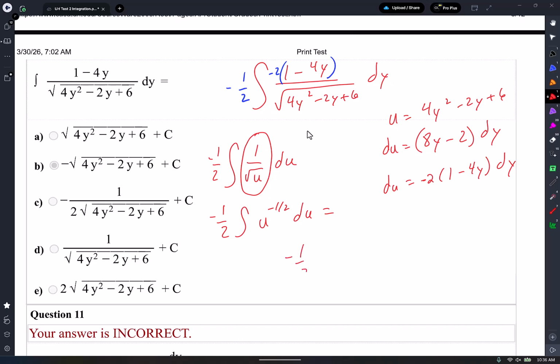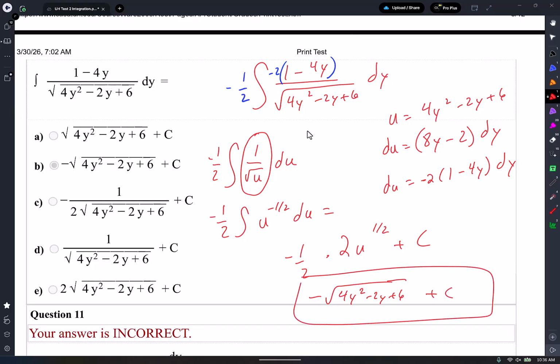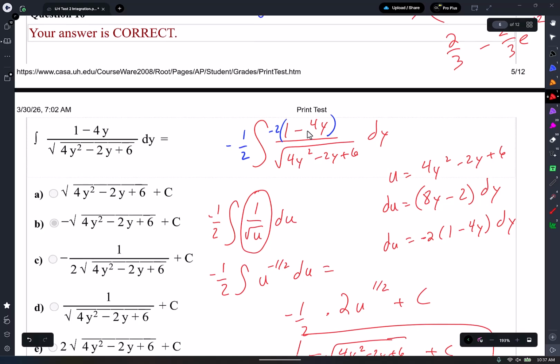So -1/2 times u to the 1/2 divided by 1/2, which is the same thing as multiplying by 2. So there it is. Negative times a positive is a negative. So negative square root. I'm plugging back what u is because we don't have any limits here. 4y squared minus 2y plus 6 plus c. You got it right. Good job.